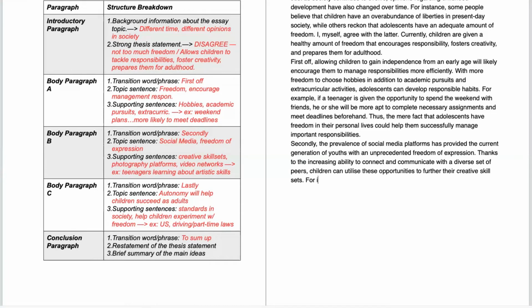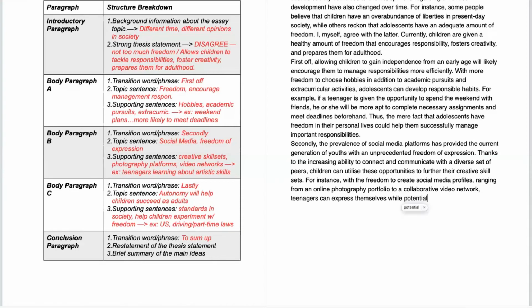So here I'll say, for instance, with the freedom to create social media profiles ranging from an online photography portfolio to a collaborative video network, teenagers can express themselves while potentially learning necessary artistic skills.